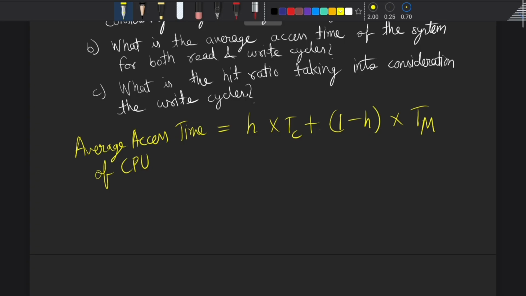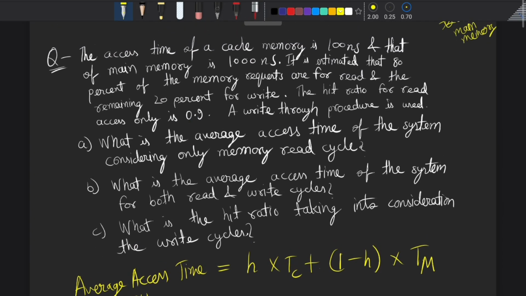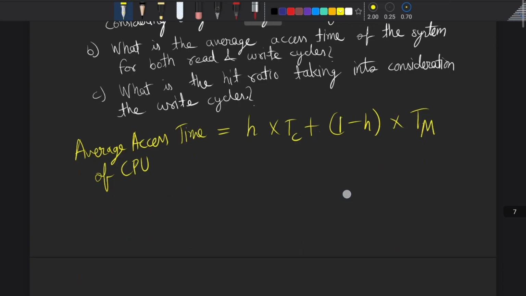So now to calculate this, in this case here, as we can see, the hit ratio is 0.9 and the access time for main memory is 1000 nanosecond and the access time for cache memory is 100 nanosecond.